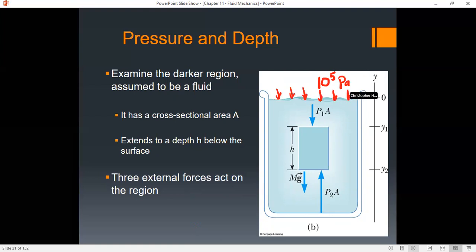That actually comes from the weight of our own atmosphere. There's 10 to the 5 newtons of air pushing down on us for every square meter of the surface of the Earth. In addition to that, all the water overlying a particular body is going to add its own weight to this, and it's going to increase the amount of force. Weight is a force, and there's going to be more pressure.